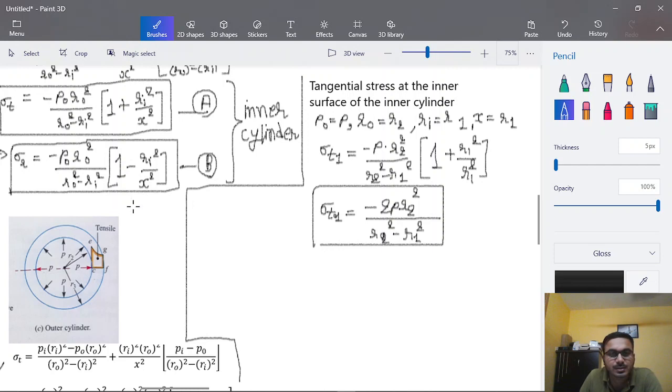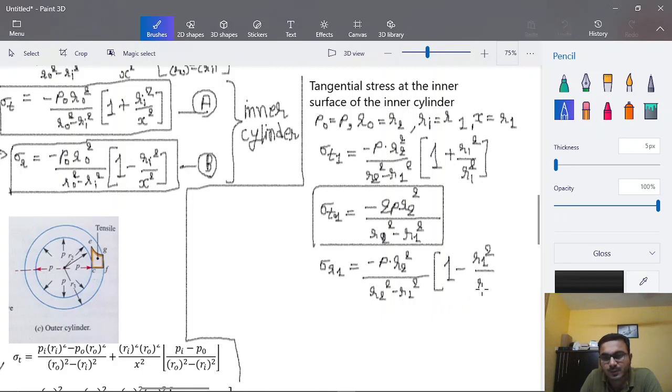Similarly, we can calculate sigma R1. Now we will update equation B: sigma R1 is equal to minus P into, instead of Ro we have R2 square upon R2 square minus R1 square into 1 minus, instead of Ri we have R1 square divided by, instead of x we have R1 square.